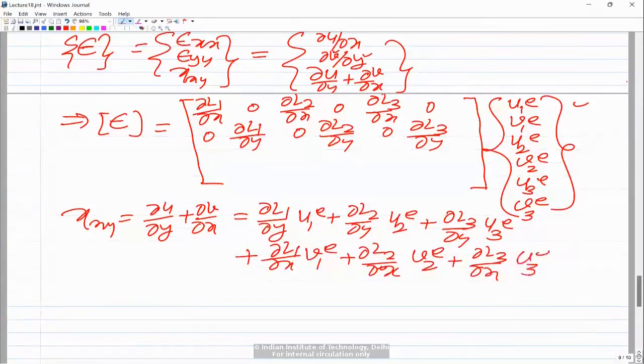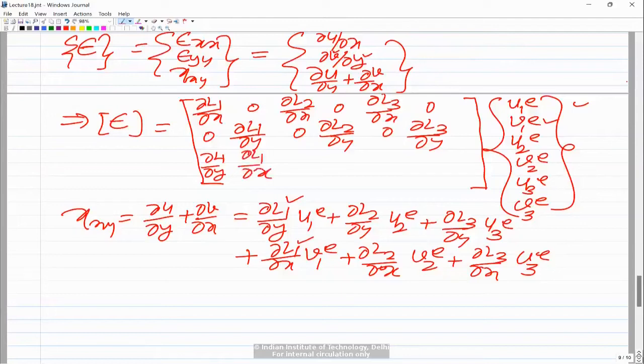So now when we want to put this in the matrix form, you see the coefficient of u1 is del L1 by del y, so here I will write del L1 by del y. The coefficient of v1e is del L1 by del x, so I will write here del L1 by del x.